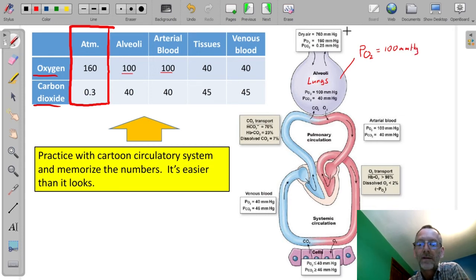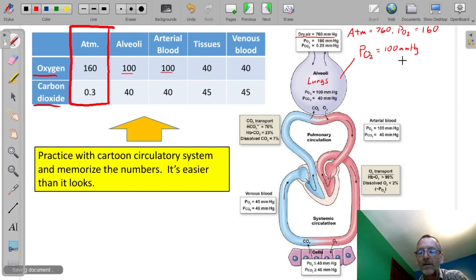And the atmosphere, if you can read the small numbers again, the atmospheric pressure equals 760, and the partial pressure of O2 in the atmosphere was 160. That's what we have on the table. So there's not 160 in the alveoli of the lungs, it goes to about 100. So that's in the alveoli. It goes to equilibrium in the blood.